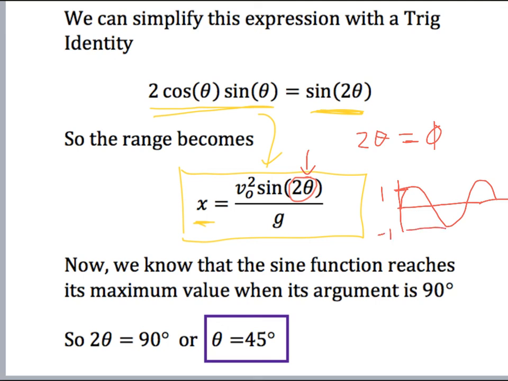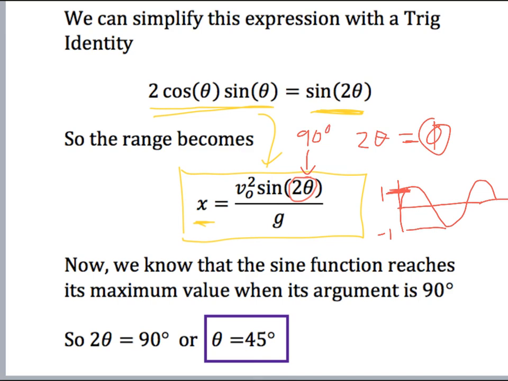And so this function, sine of 2 theta rather, sine of phi, is maximum when the sine is 1. And that occurs when the argument, this phi, or in this case 2 theta, is equal to 90 degrees, because the sine of 90 degrees is 1.